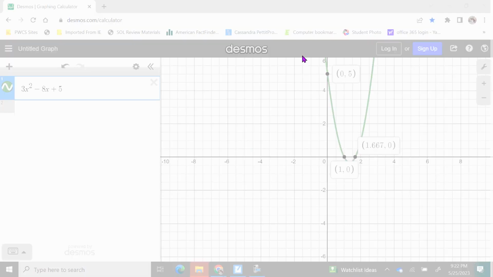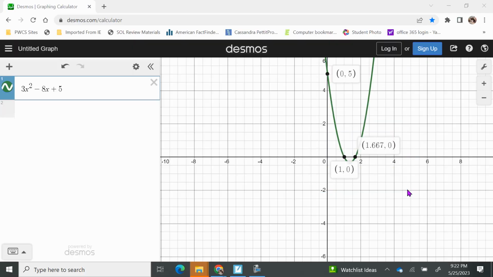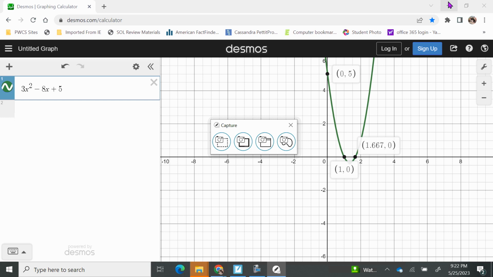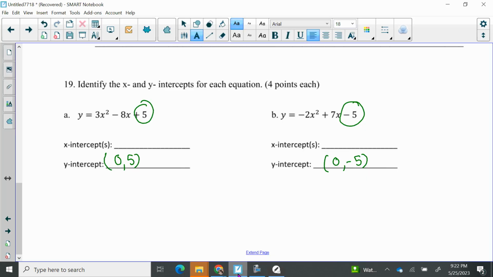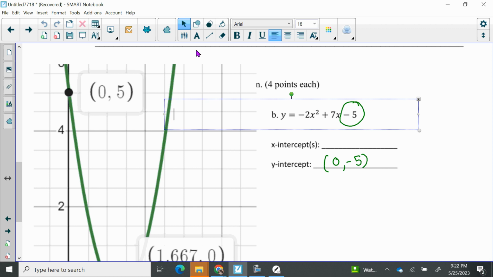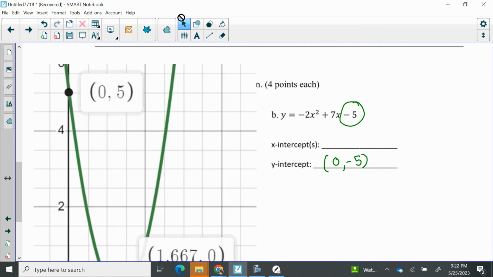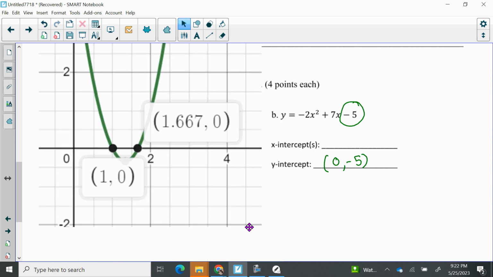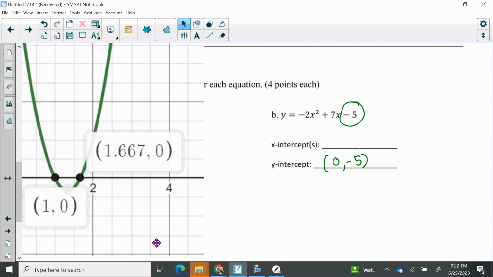That wasn't helpful, sorry. Okay, I'm going to put that right here. There we go. So big. So we're going to make this smaller. Thank goodness for technology, huh?